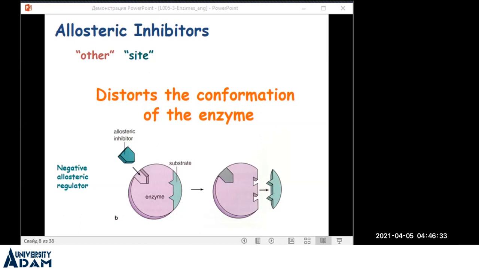lose affinity to the substrate. What does affinity mean? As you remember, affinity is a specific property of the enzyme to glue the substrate and enzyme together. It looks like magnetism, yeah, magnetism. Because magnetism is just the possibility to glue two types of metals together.